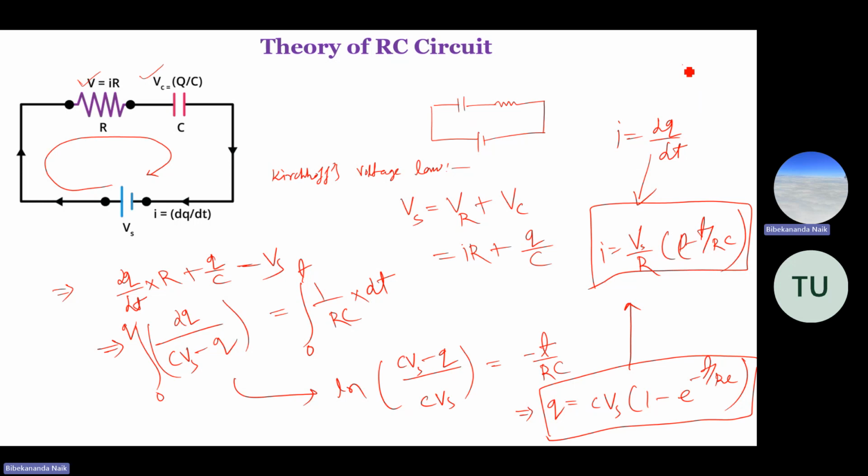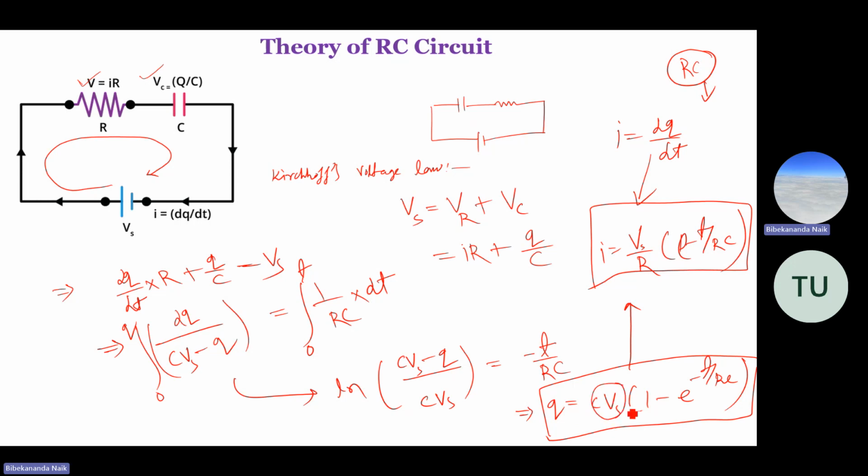The product RC is called the time constant, and the dimension of RC is equal to the dimension of time, because R is resistance and C is Q by V. If you put all this together, you get that RC has the same unit as time. Now if you see here, Q equals CVs.